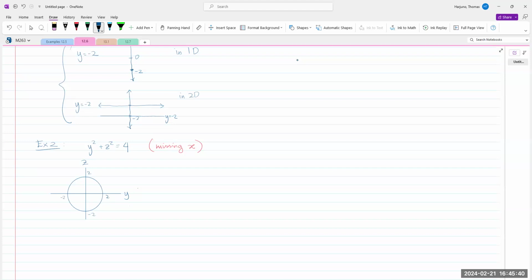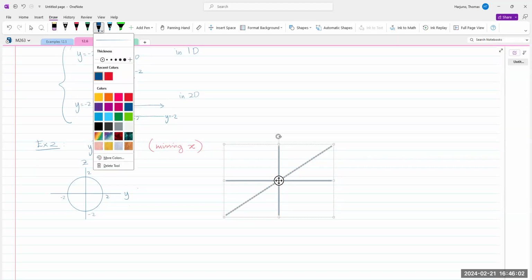Now, what happens in 3 dimensions? Well, in 3 dimensions, we basically copy and paste this circle parallel to the x-axis.